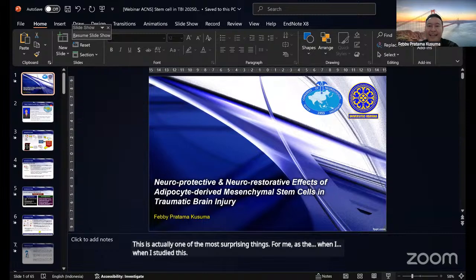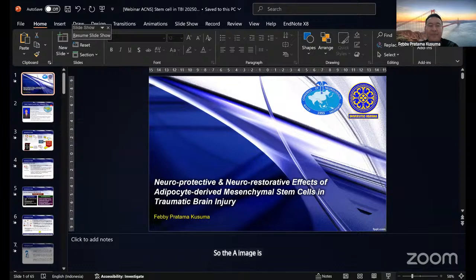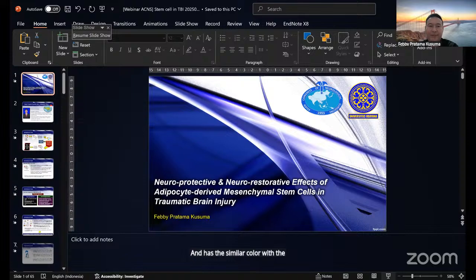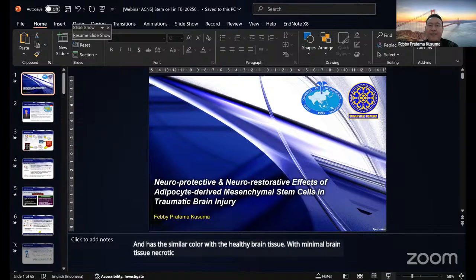Image A is the therapy group on day 7 post-injury. This image shows brain tissue restoration within the brain injury area, with similar color to the healthy brain tissue, with minimal brain tissue necrosis, encephalomalacia, and atrophy.